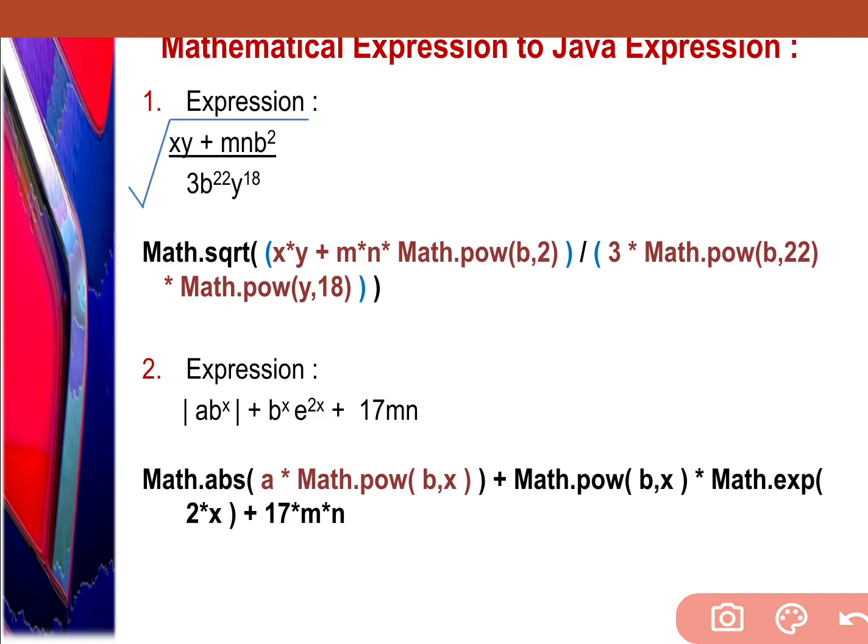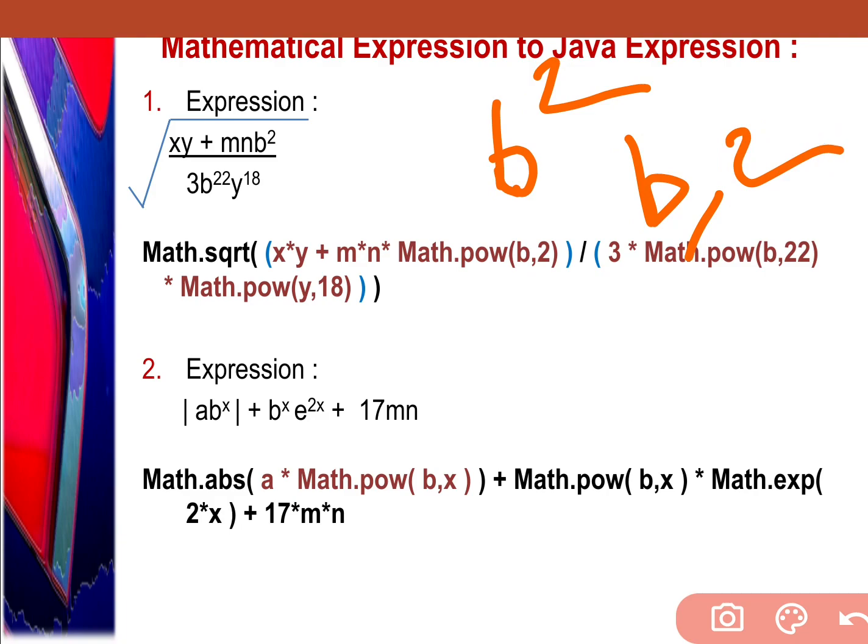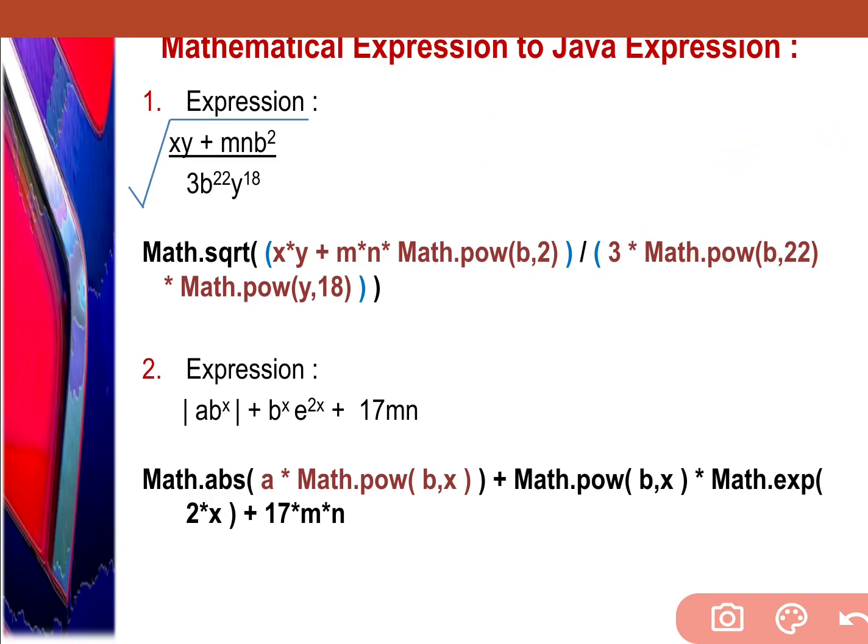After that we are having the denominator, but inside SQRT. See, x into y plus m into n, b square means Math.pow(b, 2). B to the power 2, we have to write b comma 2. And I had written a bracket here because it shows us it is the numerator.